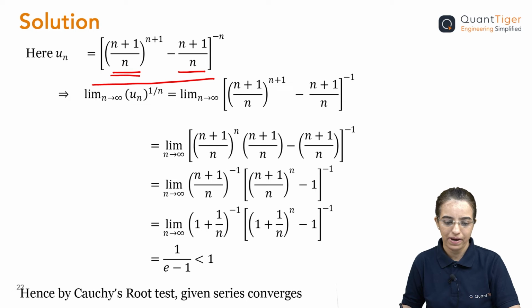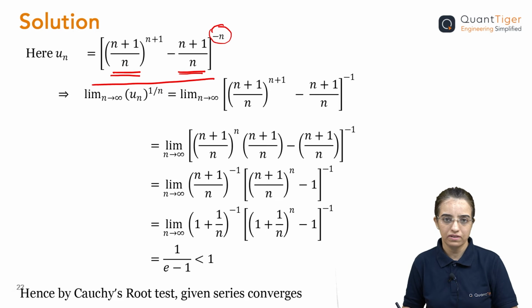By observing the pattern, we have written this u_n. As the power of u_n in the given series was -1, -2, -3, it has been written as -1 to the n. As we keep increasing the terms, that value will be increasing.